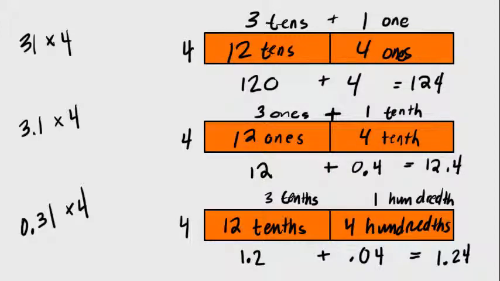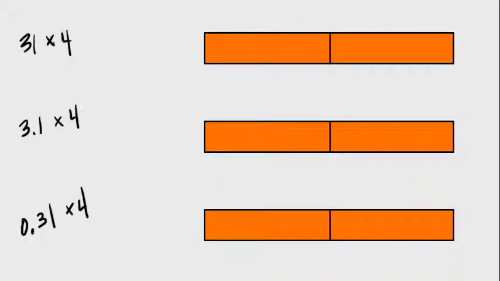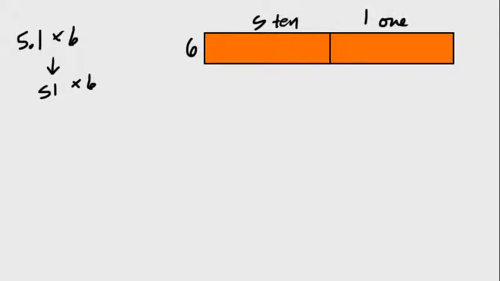So for instance, if we got rid of all of this and we started fresh, and let's just narrow this down to 1. Let's try it one more time. We can take 5.1 times 6, and we can really think of it as 51 times 6, right? Or 5 tens and 1 one, right?